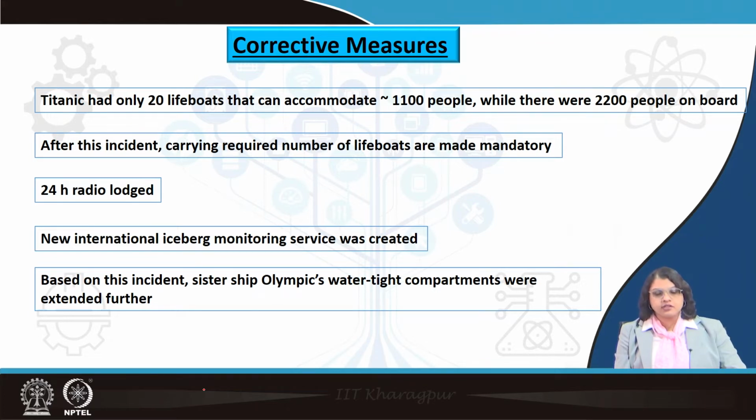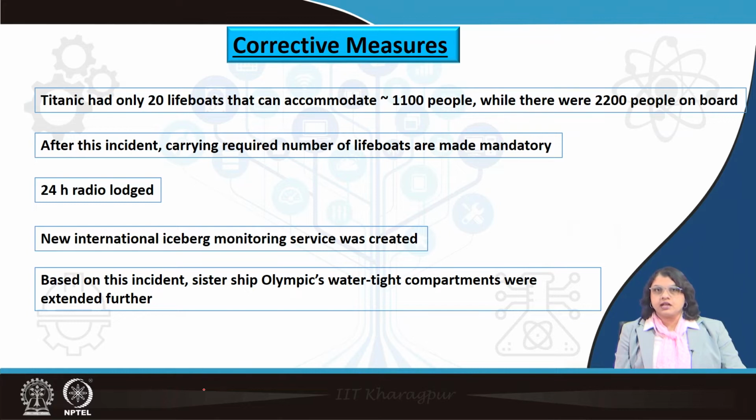After this incident, it was made mandatory that enough lifeboats needed to be stationed on any ship. A 24-hour radio watch was mandated, and a new international iceberg monitoring service was created, so that all ships travelling through such paths could be informed about icebergs.